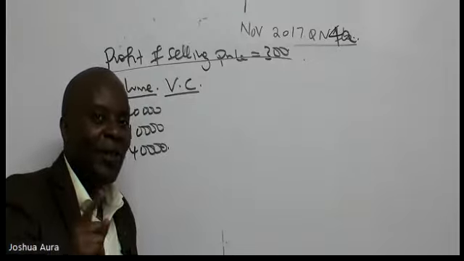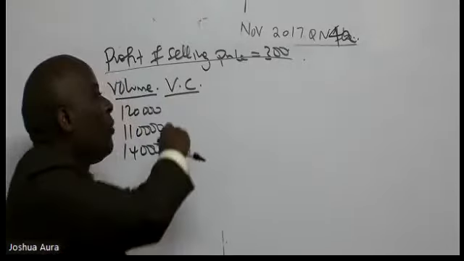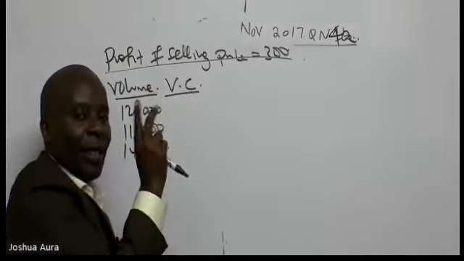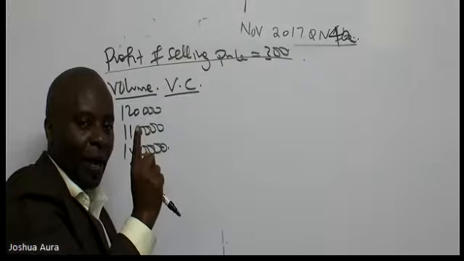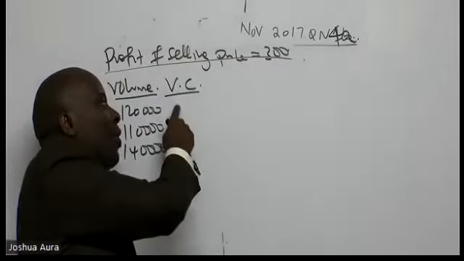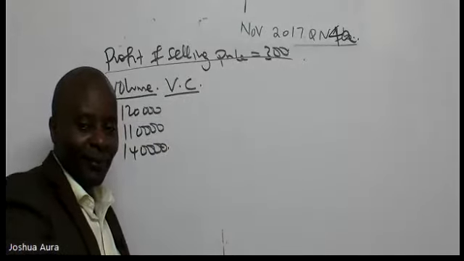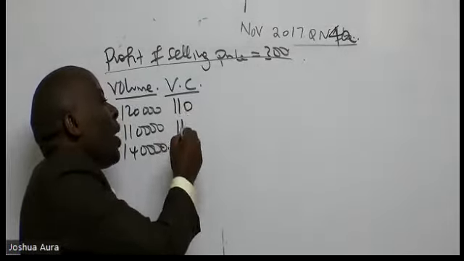So I would want to see whether I've got a bright student here who will be able to interpret and give me the variable cost for this one. Remember, there are 2 possibilities. The variable cost could either be 120 or 110. So which one should I use here? Should I use 120 or 110? Throughout, we shall use 110.